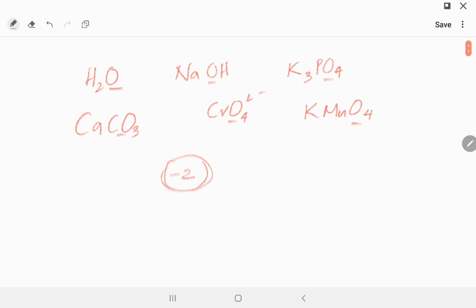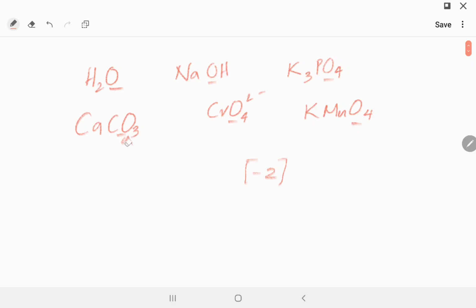And of course, use a square bracket when writing the oxidation numbers. By the way, depending on the number of oxygens you have, in here you have 3 oxygens, so each of these oxygens is minus 2. So overall, these 3 oxygens could have a minus 6 oxidation number.